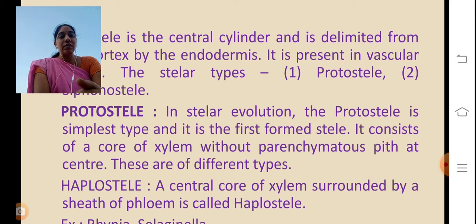It consists of a core of xylem without parenchymatous pith at the center. So in protostele, we can see the xylem and phloem and there is no pith. Protosteles are of different types.